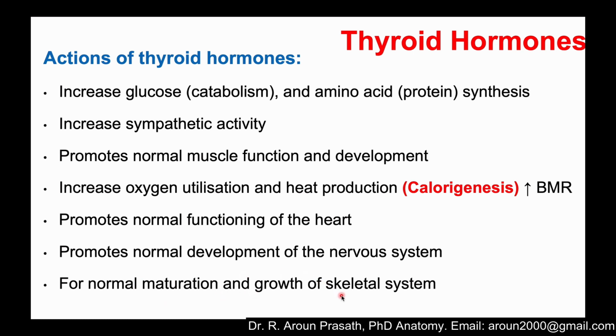So for all the organs of the body to work normally, you need thyroxine. This is very simple. Thyroxine is the main hormone for metabolic activity. By metabolism only we get energy, isn't it?